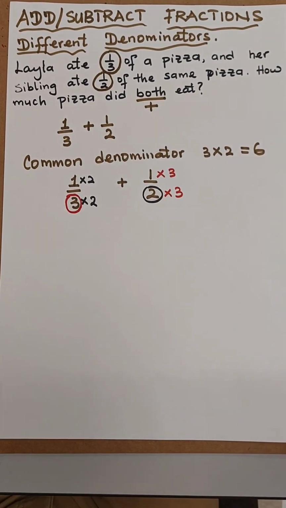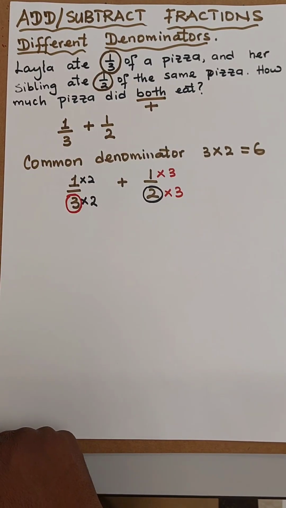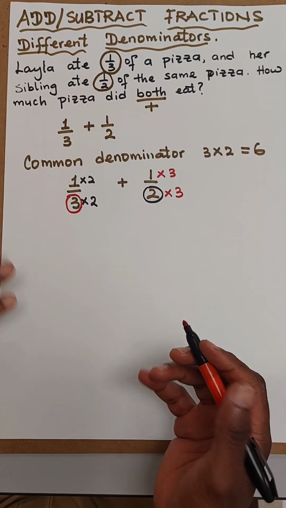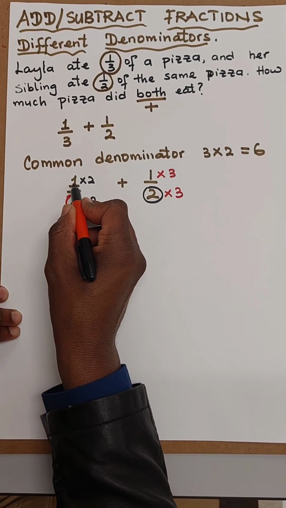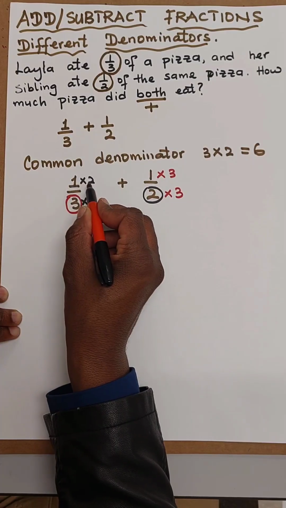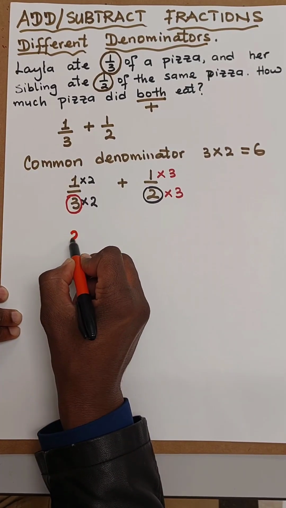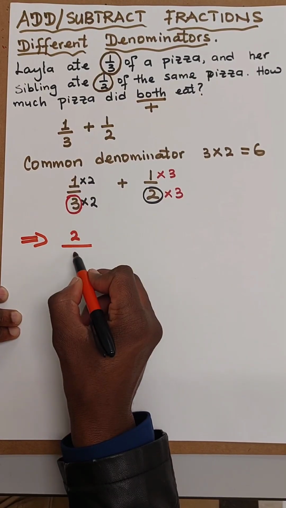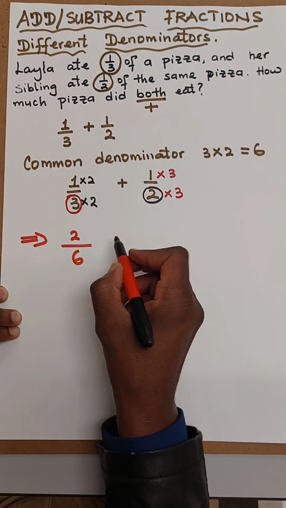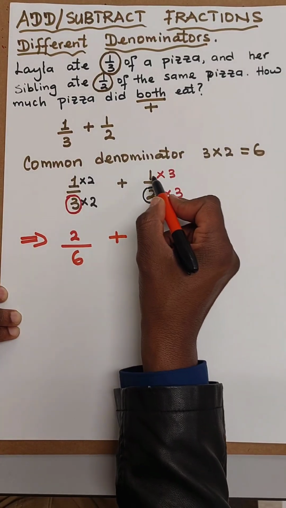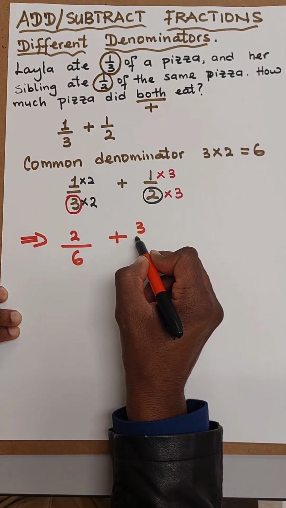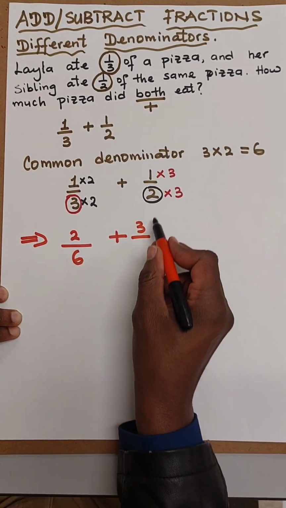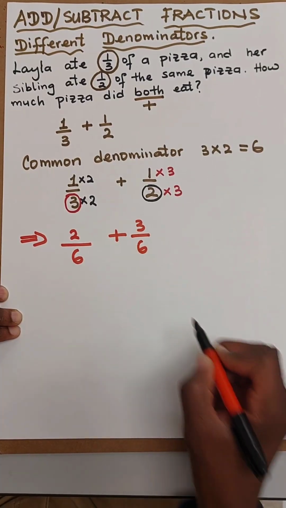So we get equivalent fractions that have a common denominator of 6, so that we know how much they ate each out of 6 pieces. Multiplying the numerator, 1 times 2 is just 2, so this becomes 2 over 3 times 2, which is 6. We have a denominator of 6, plus 1 times 3, which is 3, over 2 times 3, which is 6.